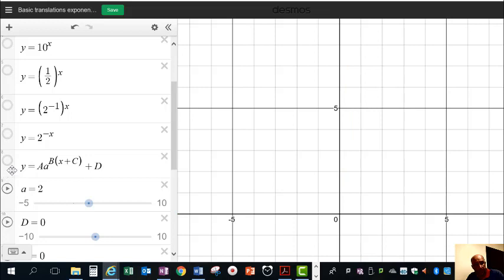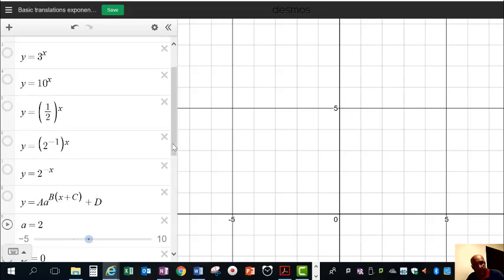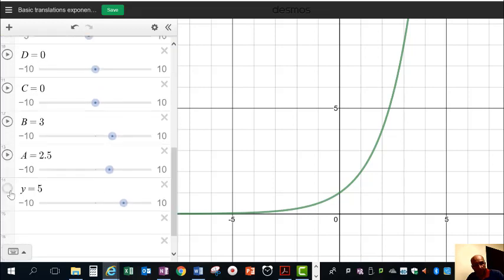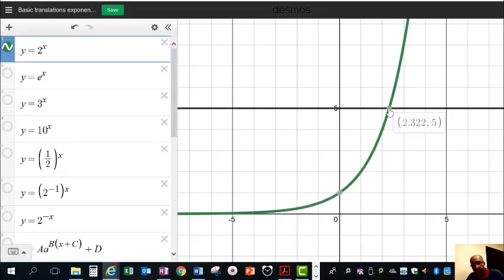I had 2 to the power x here, and what we need to do is have that in the line y equals 5 as well. So I've already got that there, and it's basically where the intersection is, and we have 2.322, so that means that when x is 2.322, we have y equals 5. So the solution is x equals 2.322.